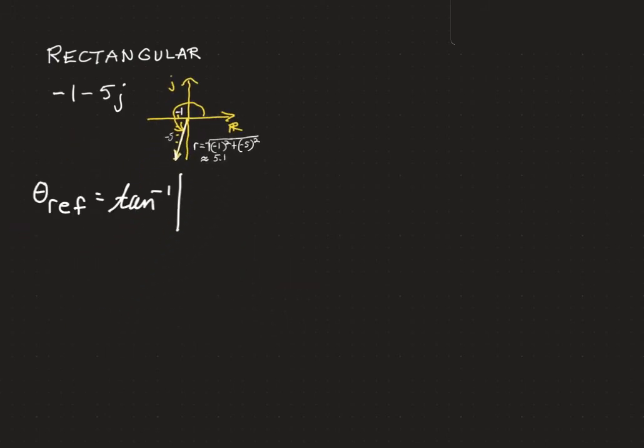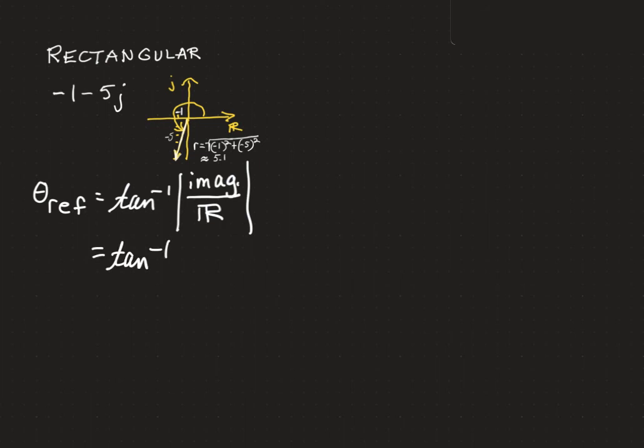Now I've started to write out the formula for finding our reference angle, but I'm going to change it just a little bit this time, because the side opposite our reference angle will always be our imaginary part. So I'm going to write imaginary in the numerator, and the side adjacent to our reference angle will always be the real part of the complex number.